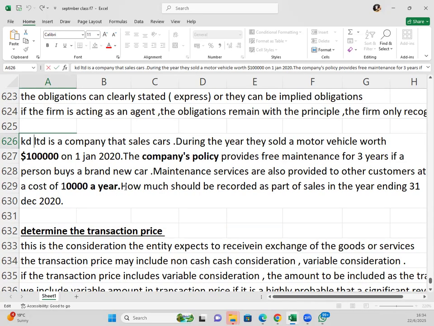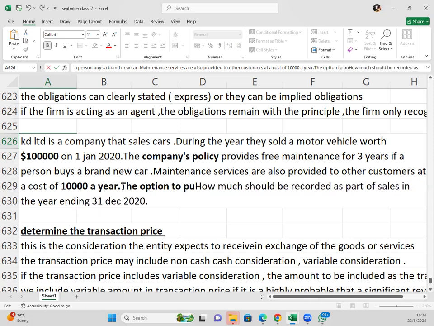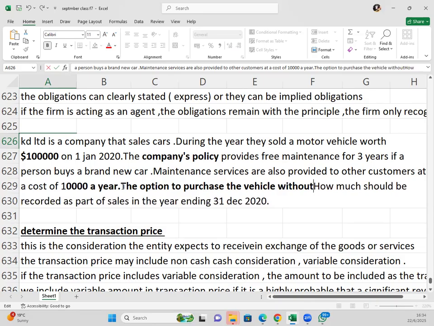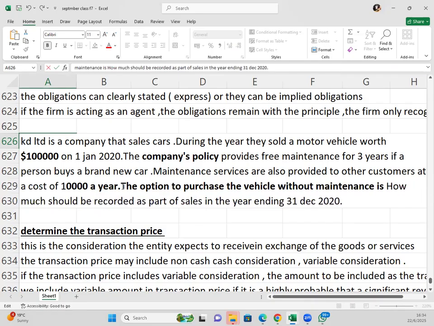Then you are given the option to purchase the vehicle without maintenance, which is 90,000.